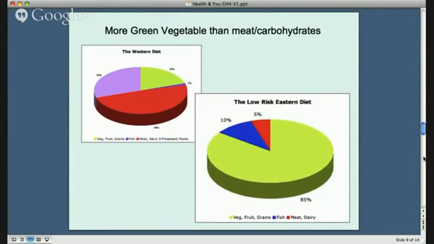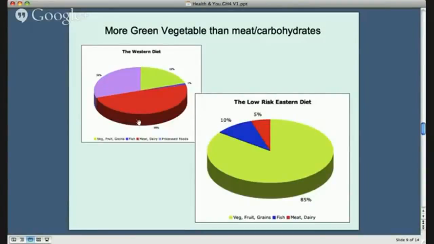There was a study done in Japan pre-tsunami, and this was of a particular town that had long life expectancy. People were living over 100 years. And in this study, they found that their diet primarily consisted of fruits and veggies, a little bit of meat, and a lot more fish, and their life expectancy was quite high.